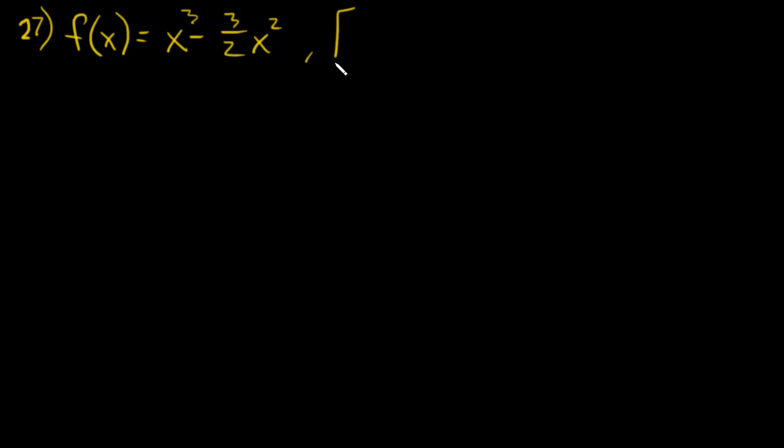Okay, so number 27 was f of x equals x cubed minus 3/2 x squared, and we're given that the domain is going to consist of values from -3 to +1, and we are supposed to find the absolute extrema.